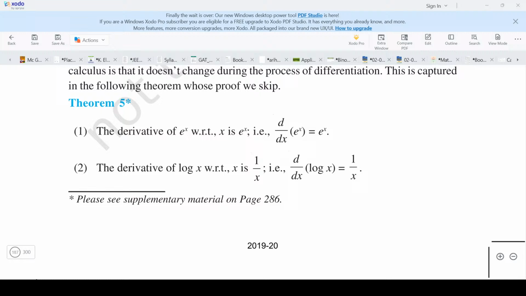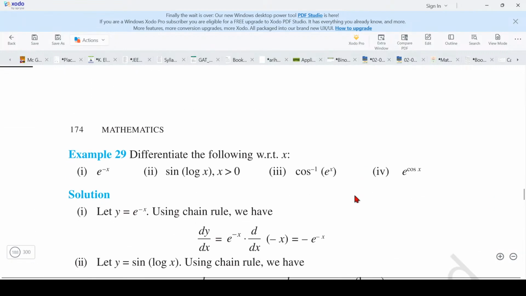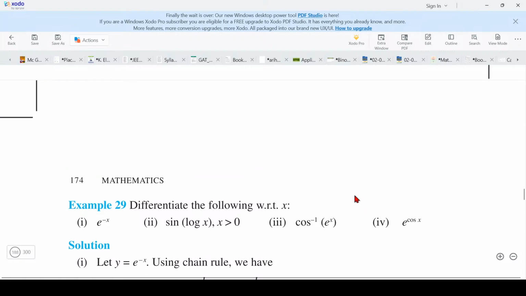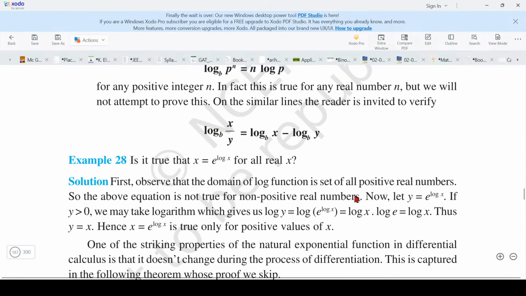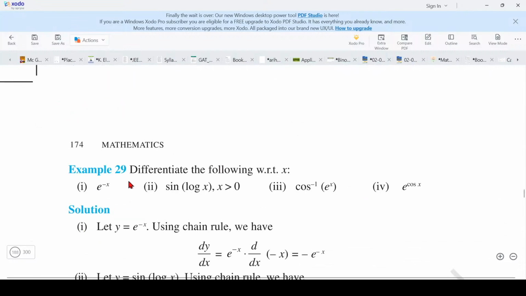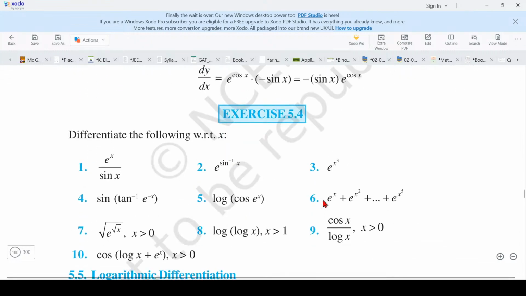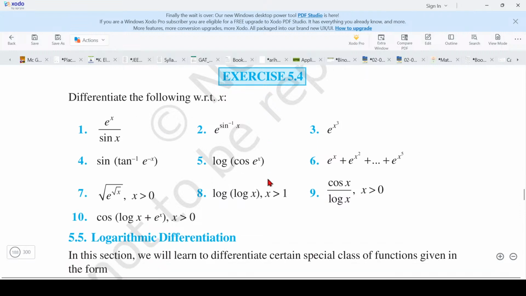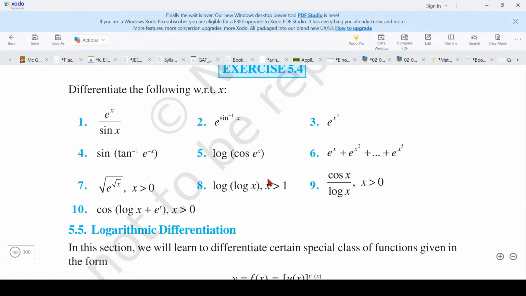Yes, sir. Okay, so 5.2 is done, right? Tell me, do you know how to do logarithmic differentiation? Yes, sir. These all things you can do, no? Yes, sir.